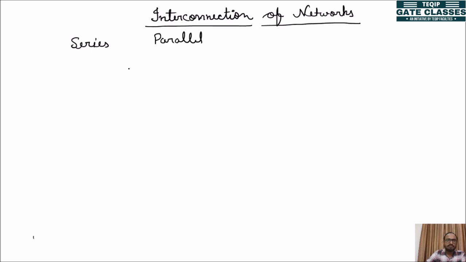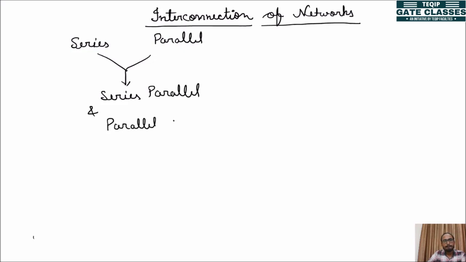We can have combinations of these also, like series-parallel and parallel-series, and one is cascaded networks. Okay, we'll see these combinations. First of all, we'll see the series combination. We are going to see series interconnection of networks.